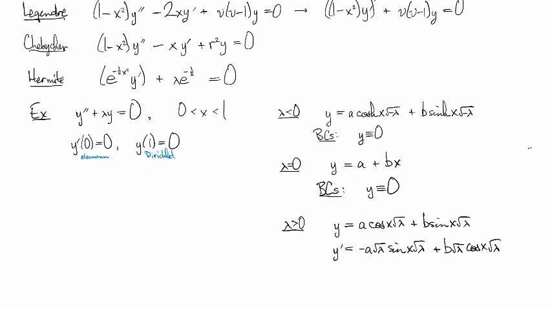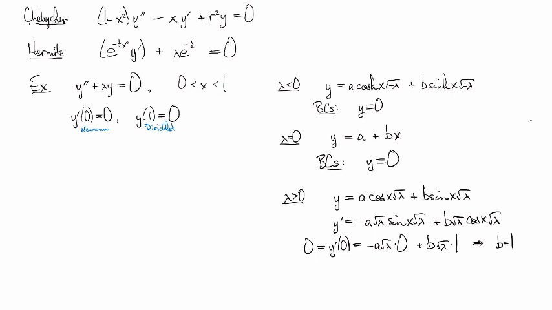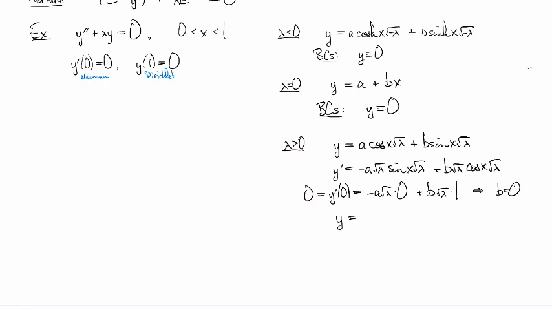So evaluating this one at 0, I have minus a root lambda, and then sine of 0 is 0, and b root lambda, and then cosine of 0 is 1. And so that tells me that b has to equal 0. Sorry, I said b equals 1. It's not 1, it's 0. So then that tells me that y looks like a cosine x root lambda.